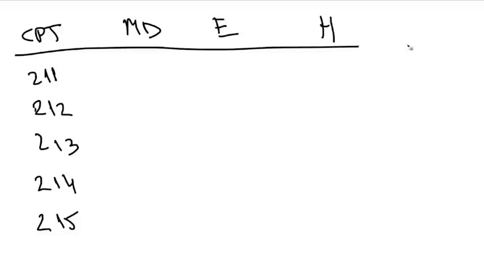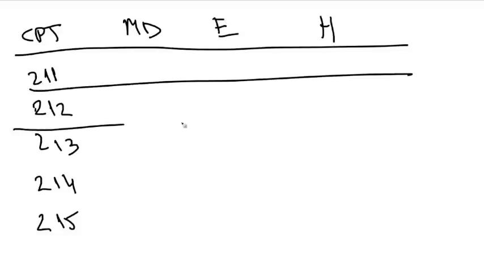Let's go back again to the CPT codes here, the same table. 212, 213, 214, and 215. And we have medical decision, examination, and history. And let's do again a nice table.